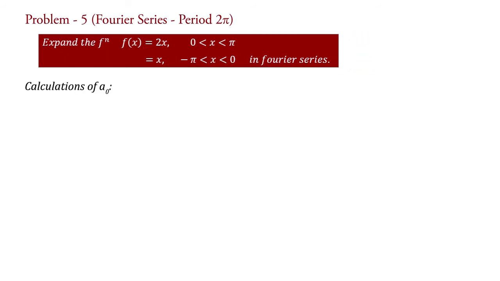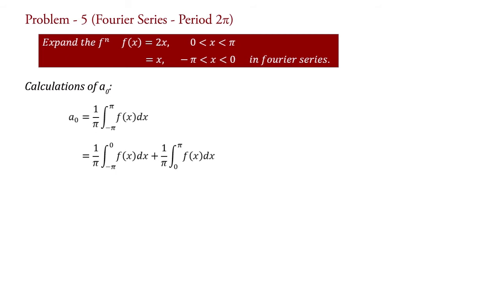For a0 equal to 1 upon pi integral minus pi to pi f of x dx. Our function is divided into two parts. So, we write it as a0 equal to 1 upon pi integral minus pi to 0 of this plus 1 upon pi integral 0 to pi of this.